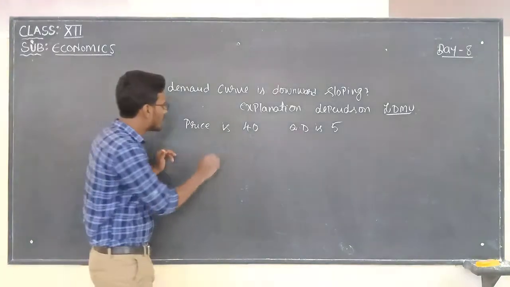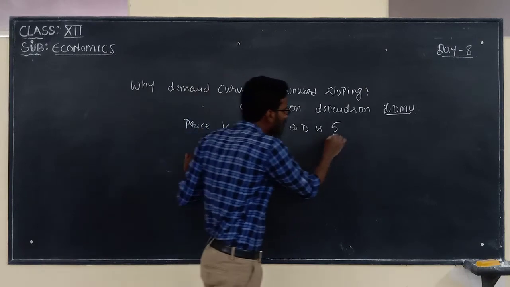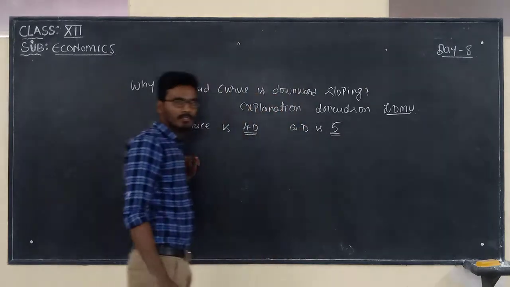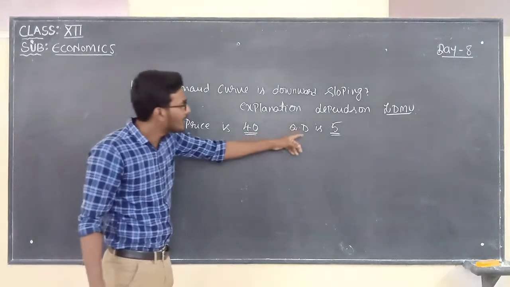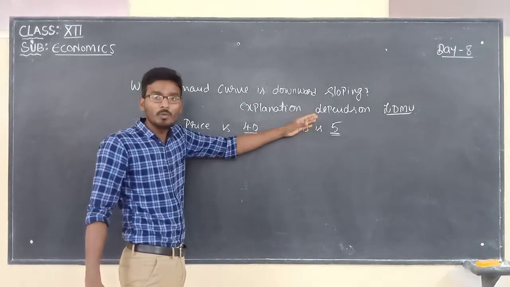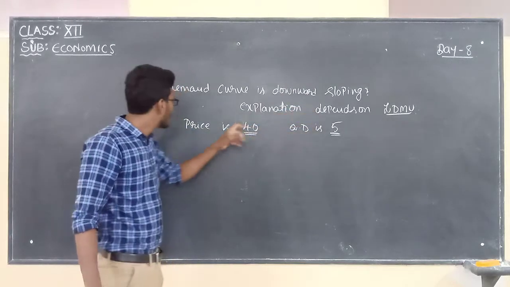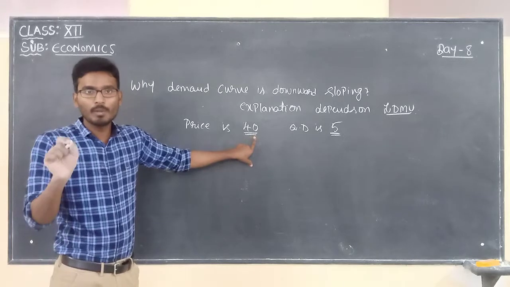So when the price of a product is 40 rupees, he will purchase only 5 units of the commodity. Next, if he wants to purchase a 6th unit, the price must be below 40. I hope you are clear.